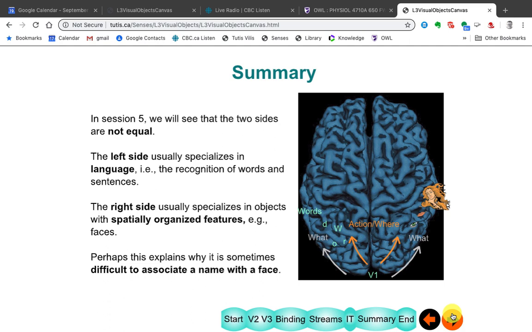The right side specializes in things like the attributes of a face. So there are two fusiform face areas, but the one on the right is bigger than the one on the left, for a reason that we'll talk about later in the course.